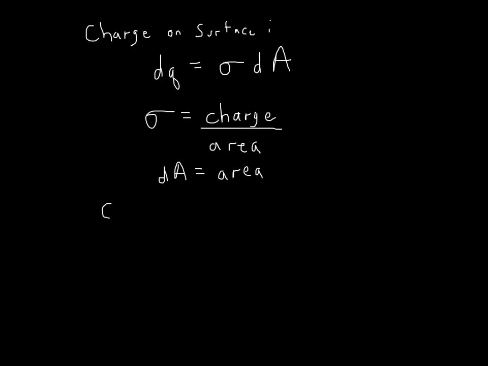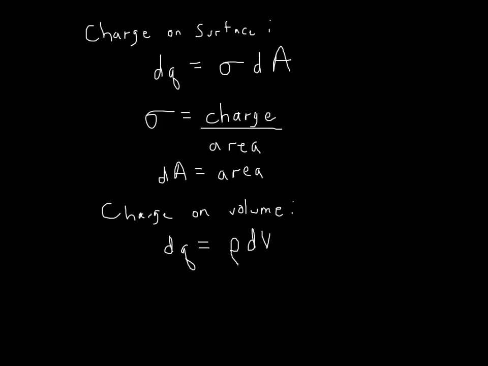And finally, charge on a volume. It's the same idea as the previous two. We still have some little piece of charge dq, but that little piece of charge dq is now equal to the Greek letter rho times dV.